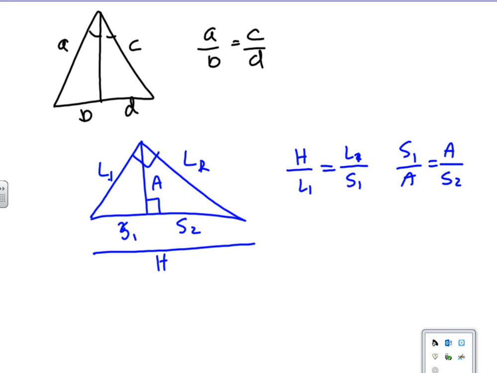So it's the geometric mean. And then the other one with the hypotenuse, instead of leg 1, it would be leg 2, and that would be side 2. So you want to be careful to identify those correctly. There are a lot of little simple mistakes that you can make.